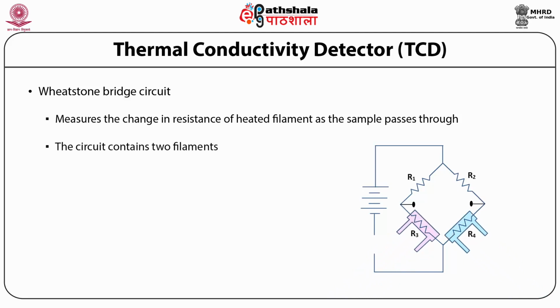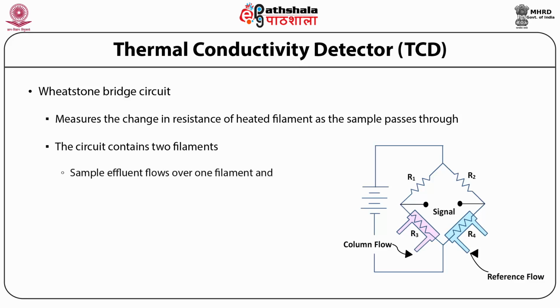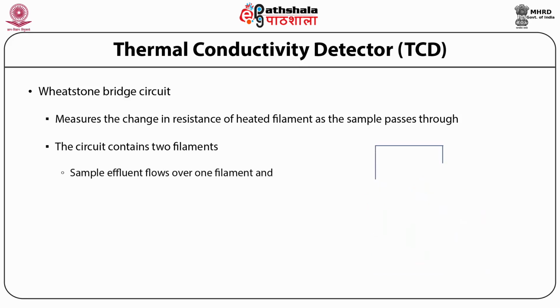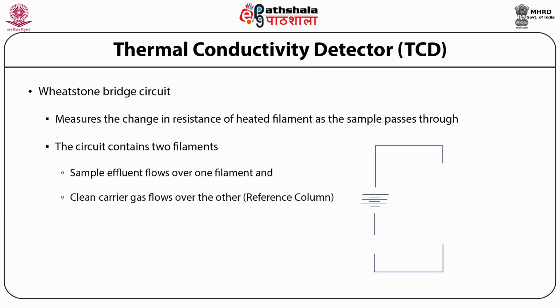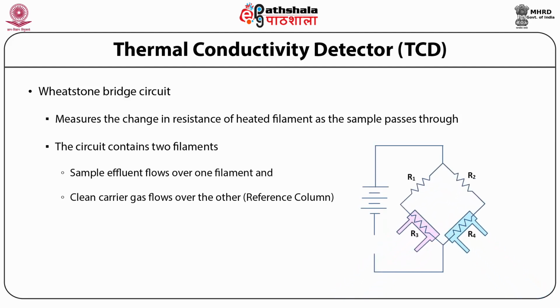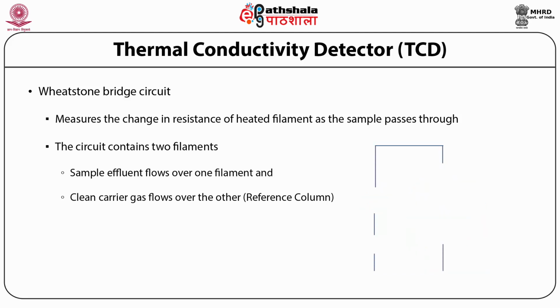Column effluent containing separated analyte flows over one filament, termed the sample column, and the clean carrier gas passes over the other, termed the reference column. The idea of introducing a reference column in original thermal conductivity detector designs was basically to cancel baseline rises which occur due to stationary phase bleed through the run.